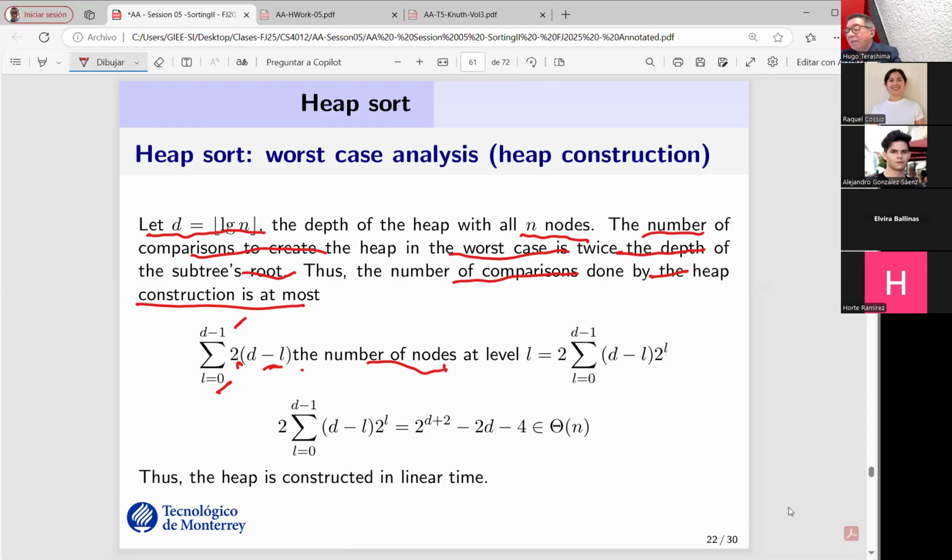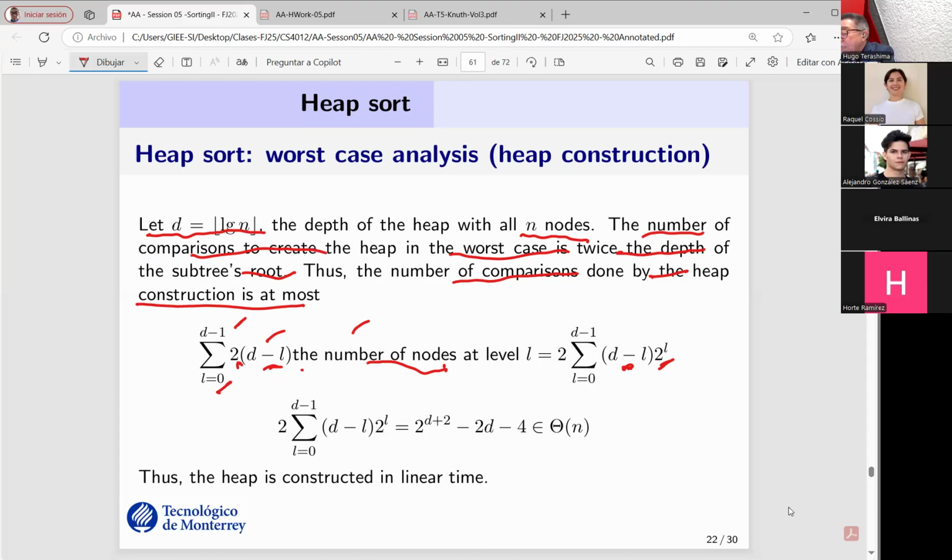So the reason for this is that you have more trees, but you have less height. You have less trees, but the height is higher. So that's the reason this is changing. So you have this expression here, right? You reduce the height, but you increase the number of nodes or trees.